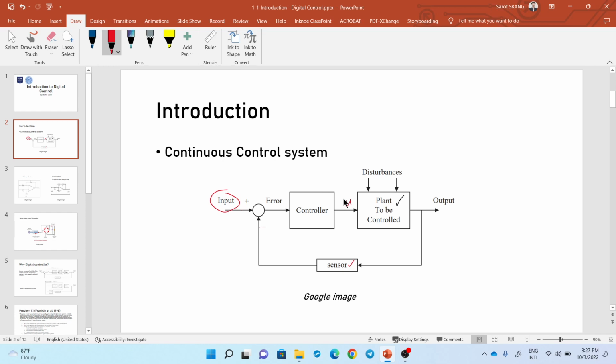So in here you can do the simulation using certain numerical method. Okay. For example, if this plant is a DC motor, then the input is voltage and the output can be angular velocity or angle.